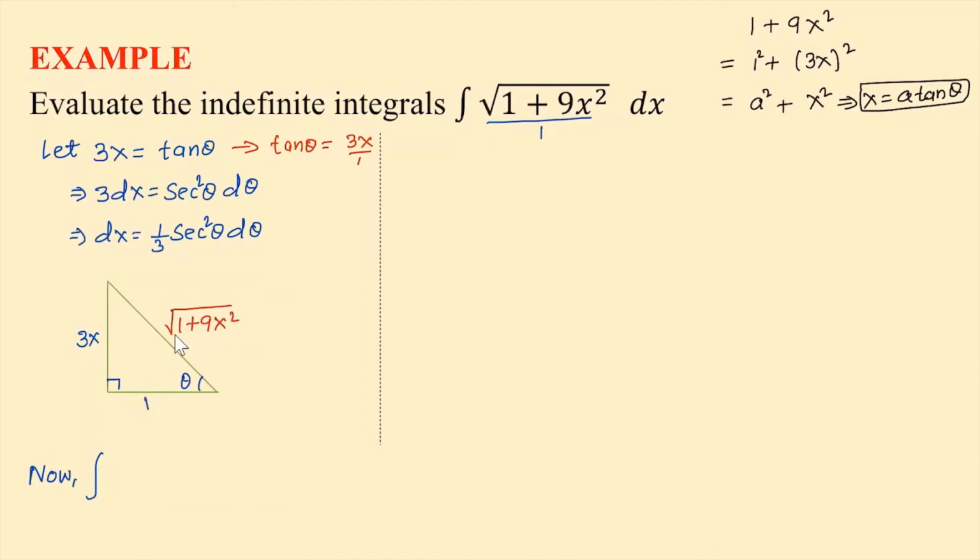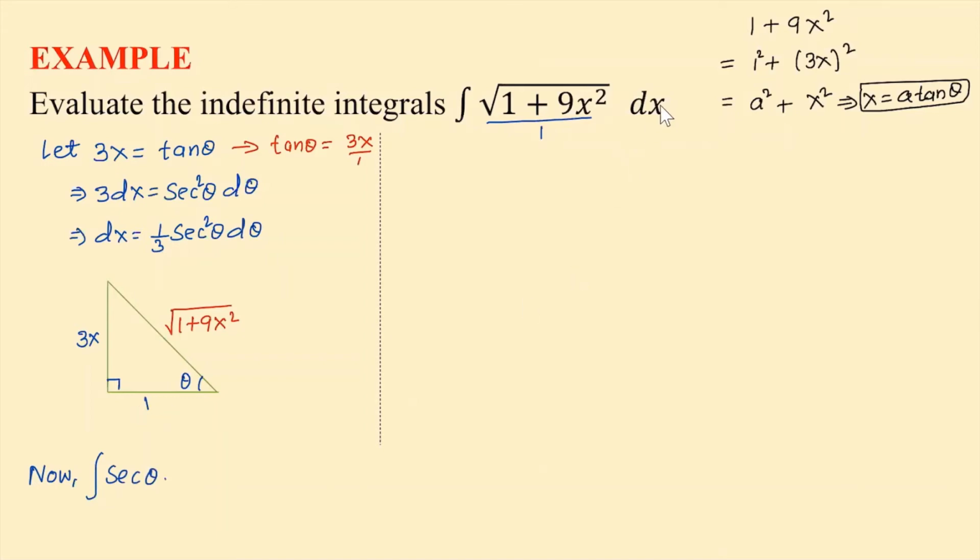If you go to the triangle, the square root of 1 plus 9x squared over 1 is the same as hypotenuse over adjacent side. And you know that hypotenuse divided by the adjacent side is secant. So this quantity is secant theta.